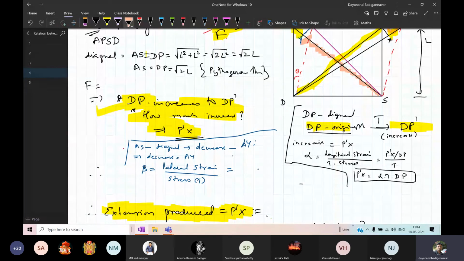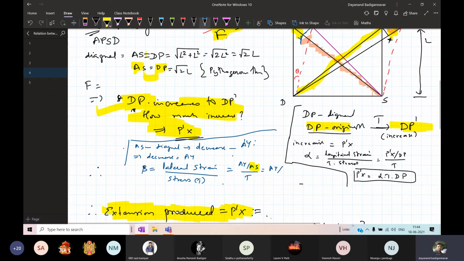So therefore change in dimension ಅಂತಂದ್ರೆ I can write it as ay by as divided by t. Okay, beta. ಸೊ ay by as ಏನೈತಲ್ಲ, I can rewrite it as diagonal. As is nothing but diagonal. ಇಲ್ಲಿ ನೋಡ್ರಿ, as is nothing but dp. It's here, as is same.